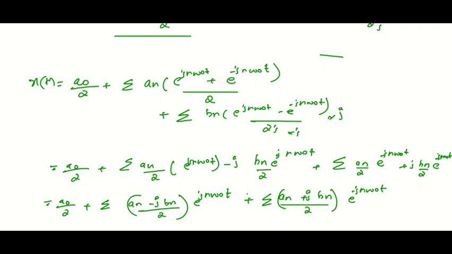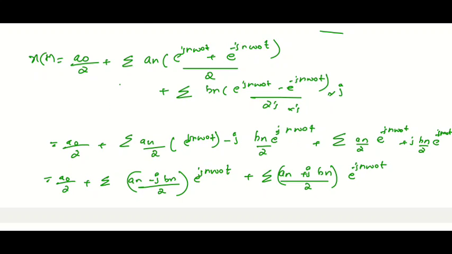So we know that x of t in terms of exponential Fourier series is equal to sigma n is equal to minus infinity to infinity c n e raised to j n omega 0 t.